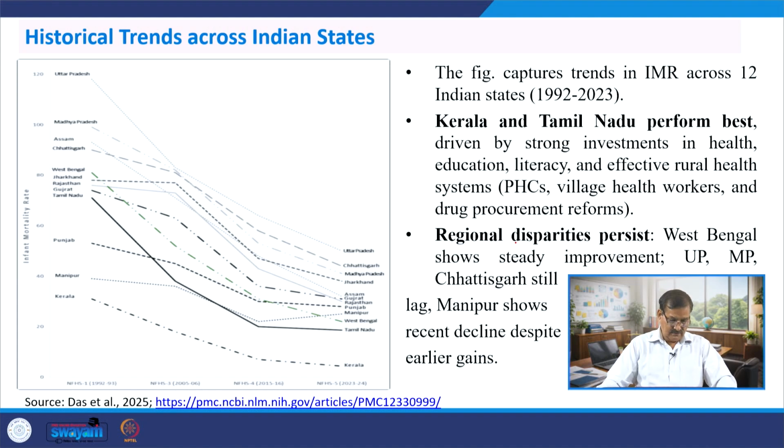This graph is taken from a study by Das et al., 2025, and it shows the infant mortality rate across different states. It clearly shows that over a period of time, the trend from National Family Health Survey 1 to 5 is that the infant mortality rate is declining.